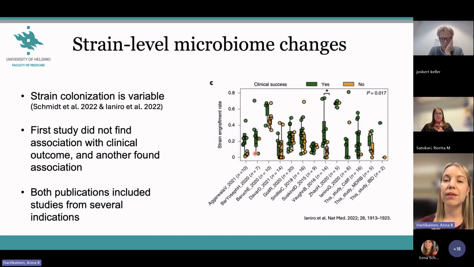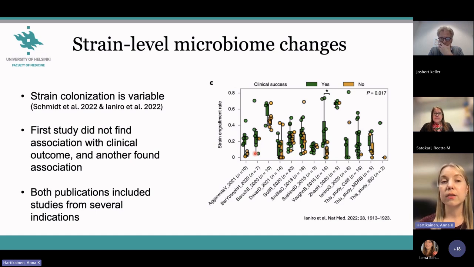And Ioner et al. in Nature Medicine, where they actually looked into strain level microbiome changes and whether they could be associated with the clinical outcomes. Both of these papers concluded that the strain colonization is variable, and that, for example, retreatments with antibiotics or the patient condition have effects on the strain colonization.